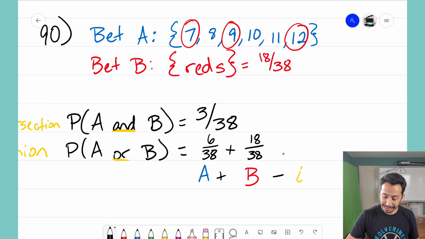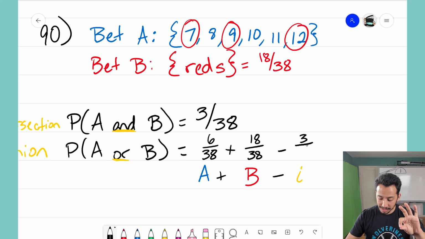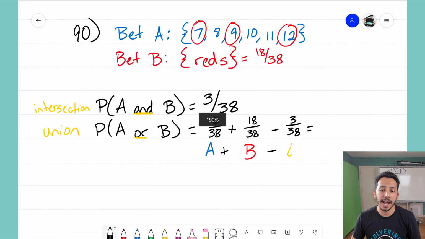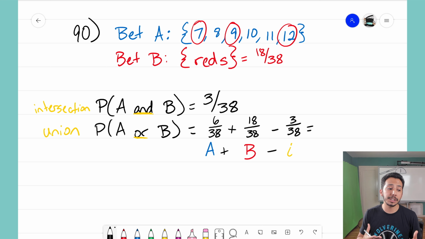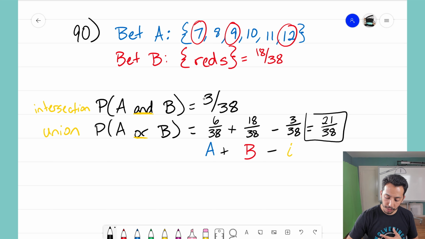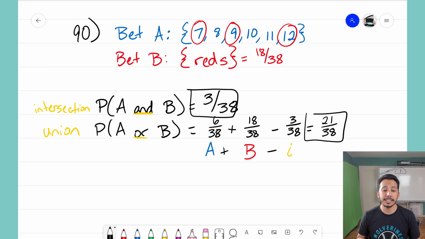But remember, we need to subtract out any that overlapped. That's the intersection. We saw that there were 3 that overlapped. So those are our 3 fractions. So we take 6 plus 18, that makes 24. But we got to do 24 minus 3. We end up with 21 over 38. That's our union.